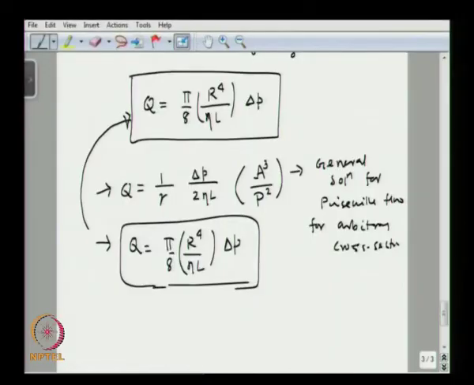Now, another important point I want to discuss here: how do we define Reynolds number in case of Hagen-Poiseuille flow, where we have flow through circular cross sections and the flow is driven by pressure force? In this case there is no characteristic velocity imposed onto the system; the pressure gradient is actually driving the flow.